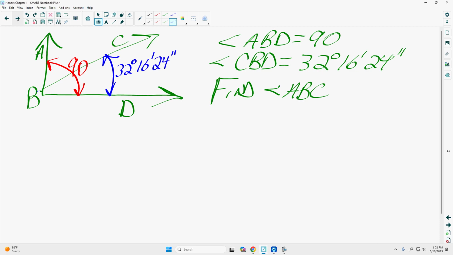I wish I could do this differently, but I can't. Then it says, hey, find this puppy. You're like, man, I don't even know if I would have been able to label that correctly. Would you have been able to label the red, blue, and black correctly?